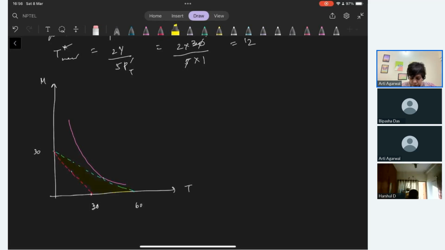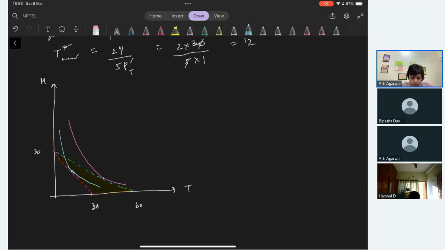Now the price of T has increased to 1 also, along with the price of PM. PM has not changed. Both the prices are now 1. So suppose this is the new indifference curve on which the new consumption bundle is falling. It's not an exact diagram, but it's a little kind of like that.